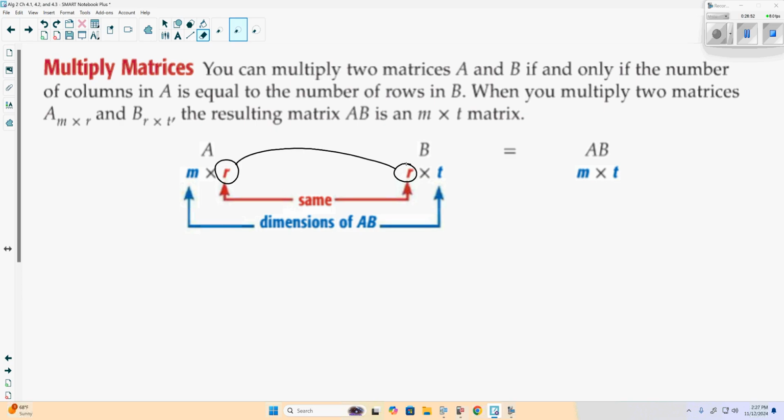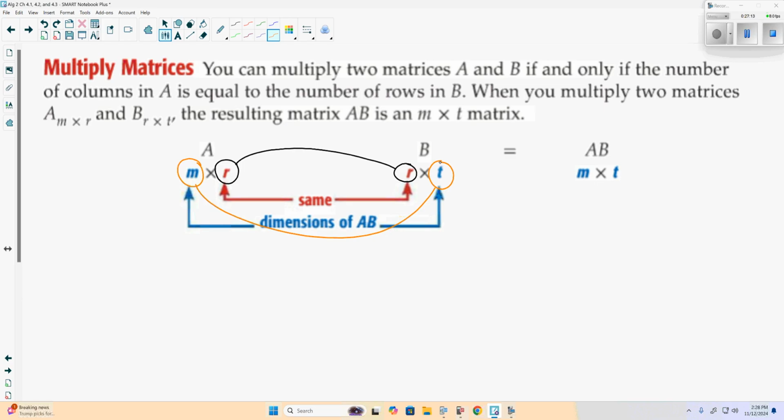If the columns of the first does not match the rows of the second, we cannot multiply them together. It's not possible. And what's interesting is that if it is possible, the rows of the first by columns of the second give us the dimensions of the new matrix.